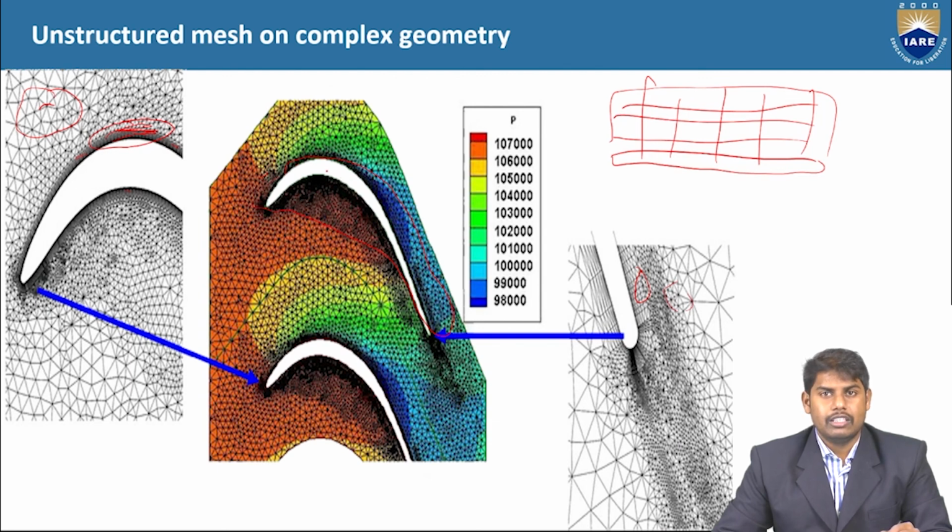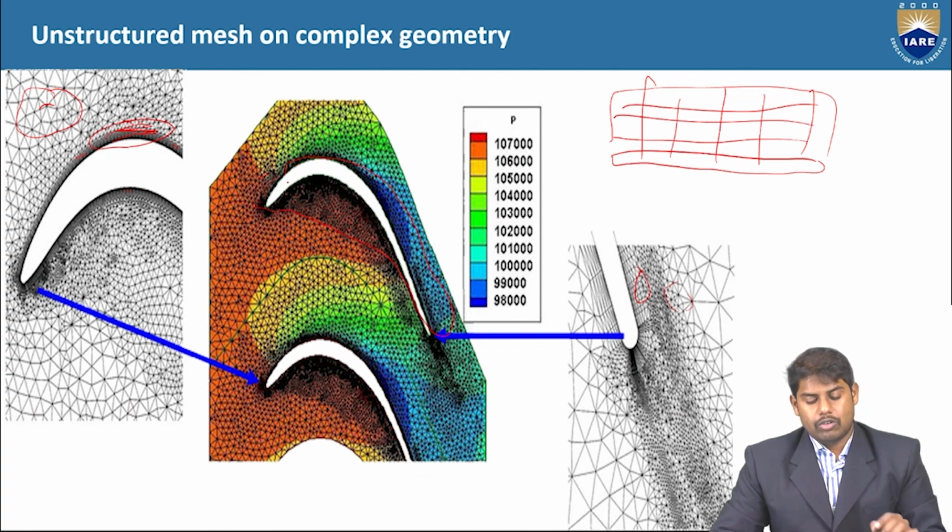Depending upon the boundaries of the object we are doing the CFD analysis on, the type of grid will vary. If the boundary of the body is regular, let's say a flat plate, a pipe, or a car that is not a complex body, then you can use a structured grid. If you have a curved or complex object, then you can go for an unstructured mesh.